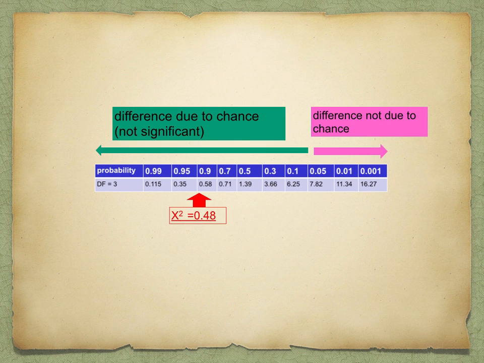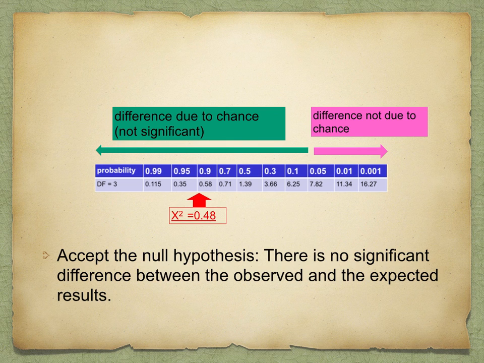So remember that values higher than 0.05 mean that our result is not significant, so we can accept the null hypothesis. So since 0.48 falls between the probability of 0.95 and 0.9, our result is not significant. So we accept the null hypothesis. There's no significant difference between the observed and the expected results.